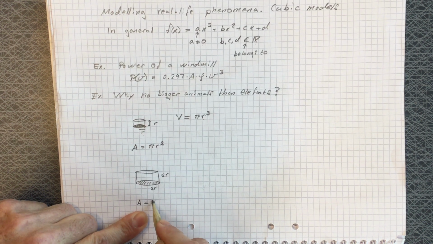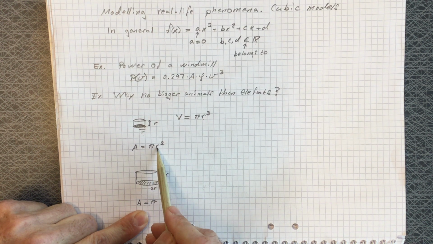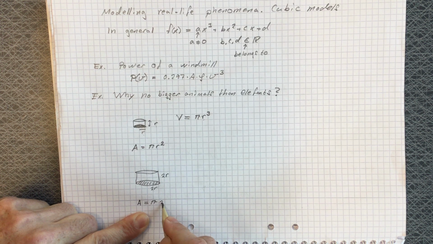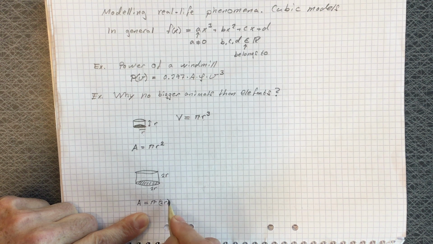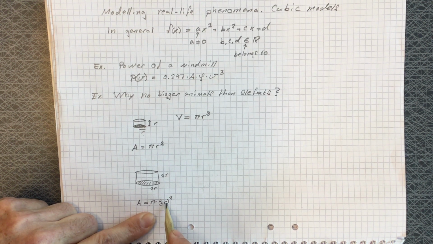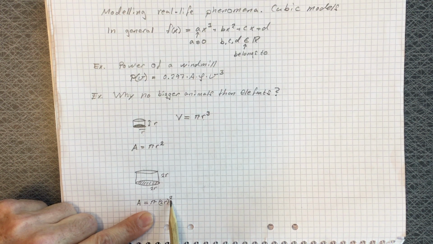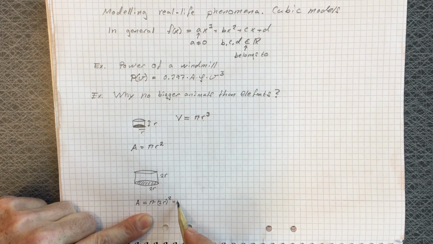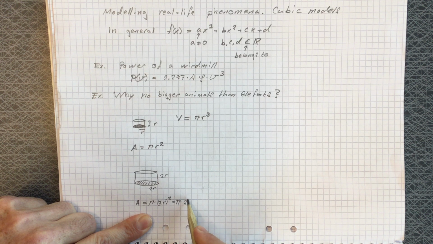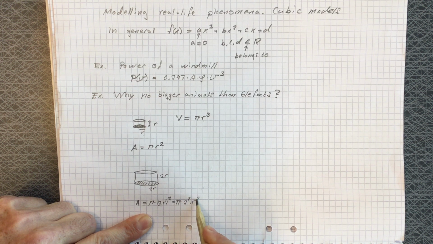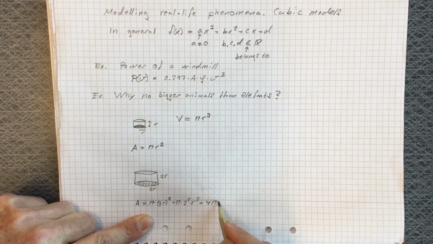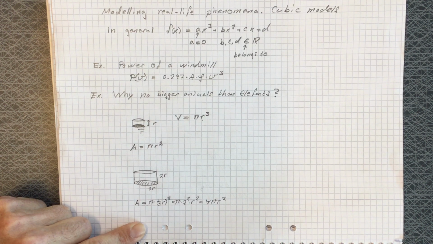You will take pi, and then you will take the radius, and you will square it. But the radius now is 2r. And you square both 2 and r. So that exponent 2 is going to both r and 2. So we will get pi times 2 squared and r squared. That's 2 times 2. That is 4 pi r squared.